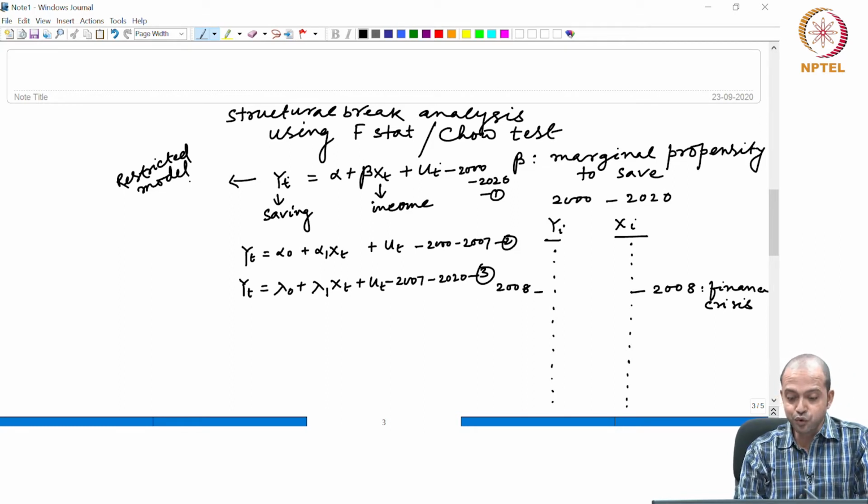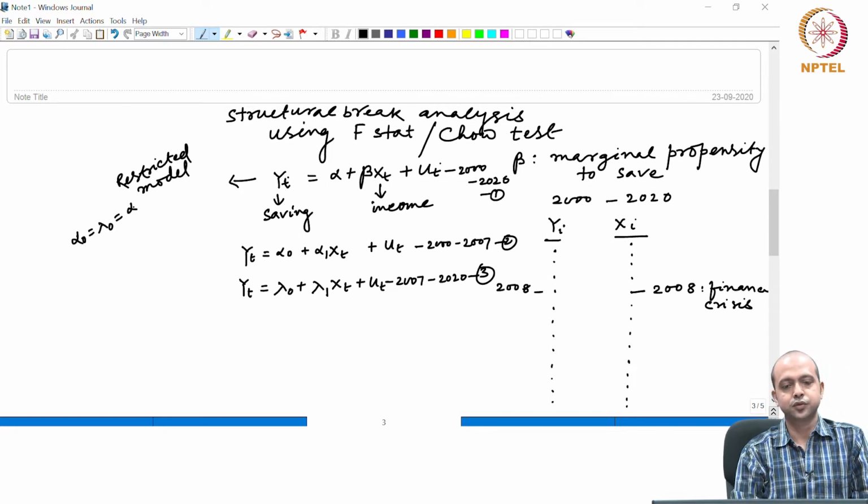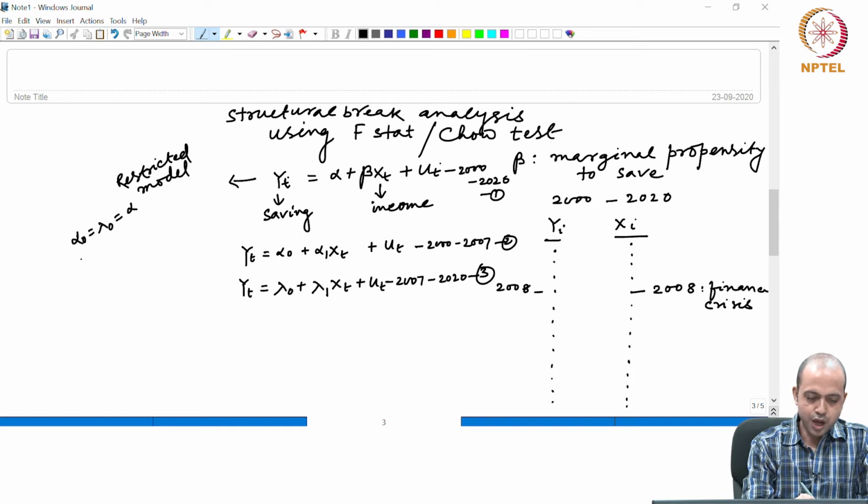Because we are imposing a restriction. And what is that restriction? We are imposing the restriction that alpha 0 equals lambda 0 equals alpha, and alpha 1 equals lambda 1 equals beta.